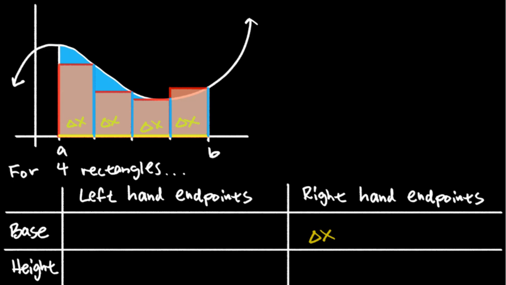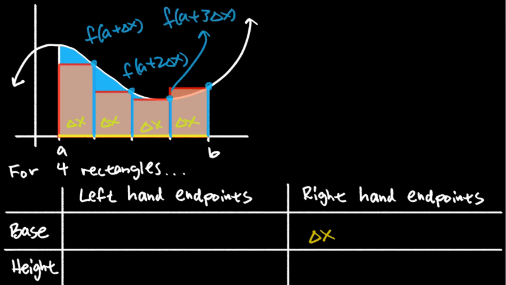And then the height, same exact idea. This thing is still touching the curve. It's just at different times. So this is going to be f at a plus delta x, and then this is f at a plus 2 delta x, and then f at a plus 3 delta x. And now the only difference is it ends at f at a plus 4 delta x.